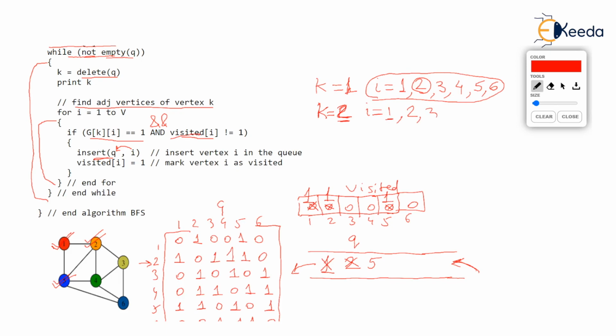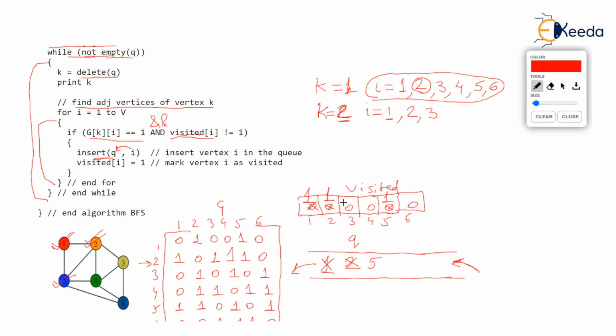Second row, third column: is it 1, isn't it? And you very well see in the graph, vertex 2 is adjacent to vertex 3. And see the second condition written after the logical and: visited[3], because i is 3 now, is really not 1. Yes, visited[3] is not 1, true condition.